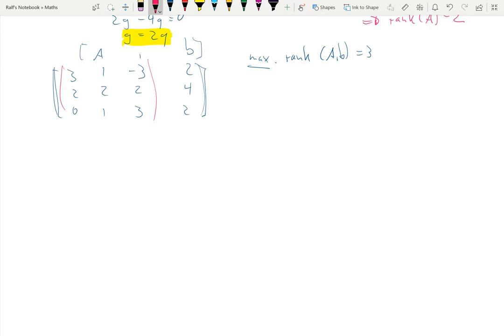So we established that A1 and A2 were jointly independent, and since the rank of that matrix is not 3, this third column, this one here, is really a linear combination of A1 and A2.